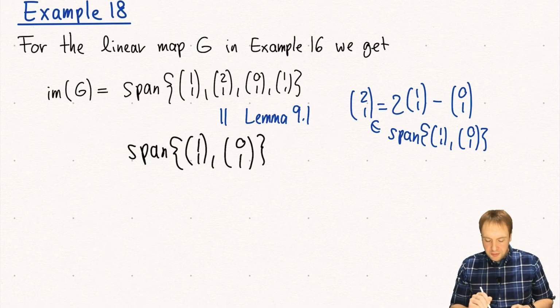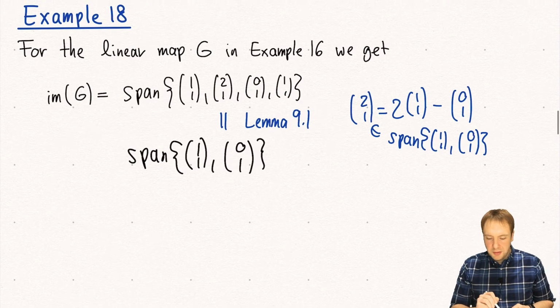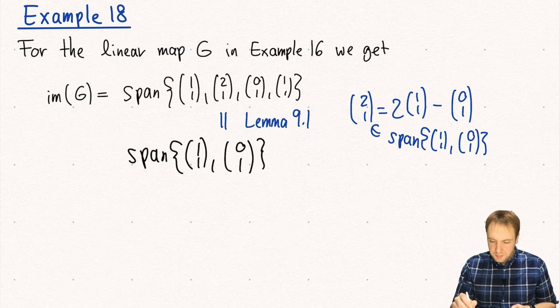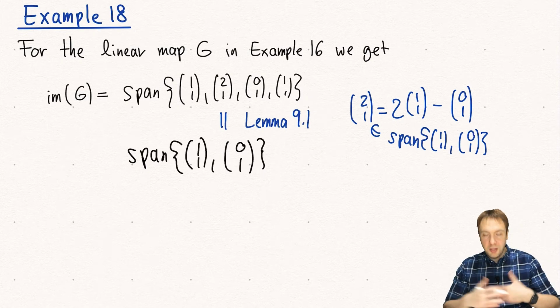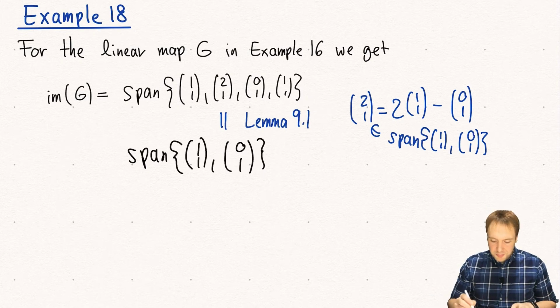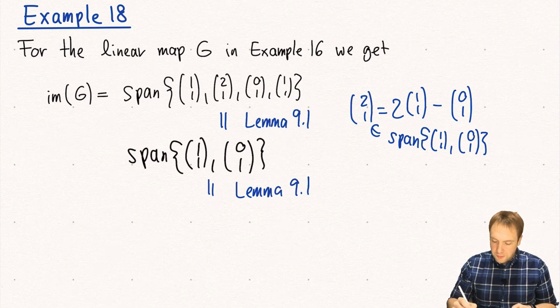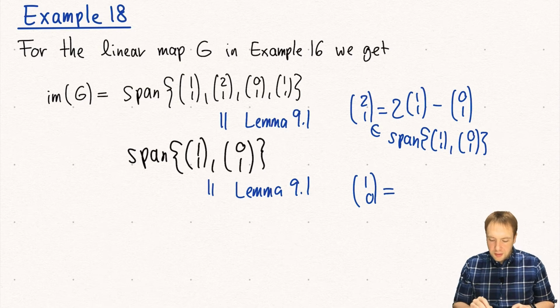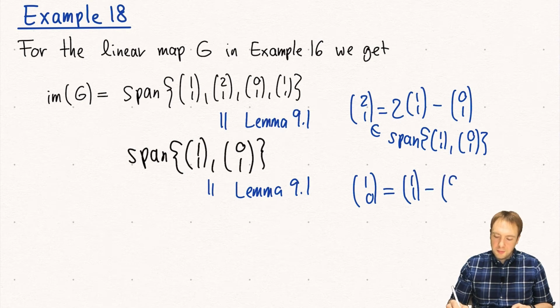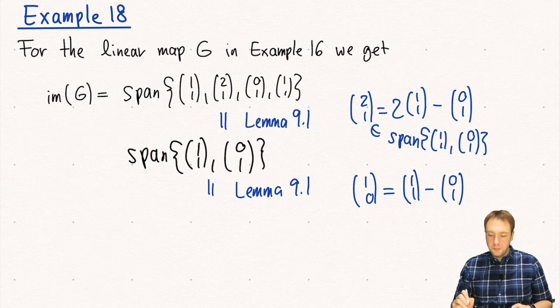But now we can also change this a little bit. Maybe this sounds stupid, but we can make it bigger by seeing, by lemma 9.1 again, for example, that the vector (1, 0) is also in the span of these two, because this is (1, 1) minus (0, 1).